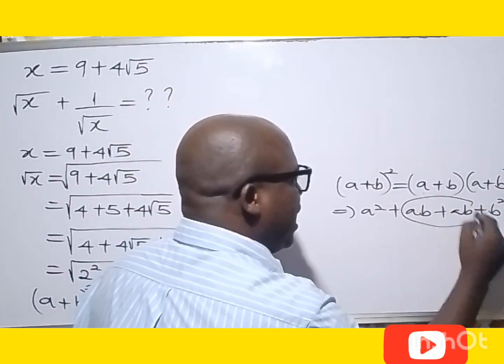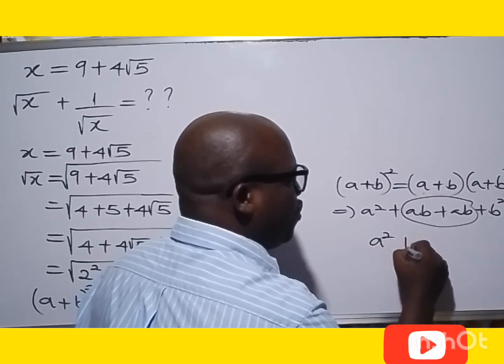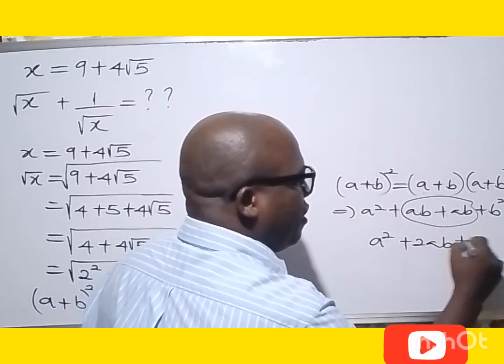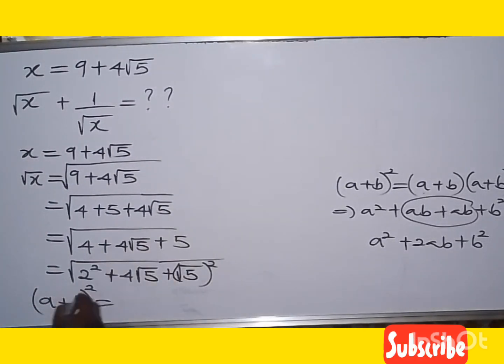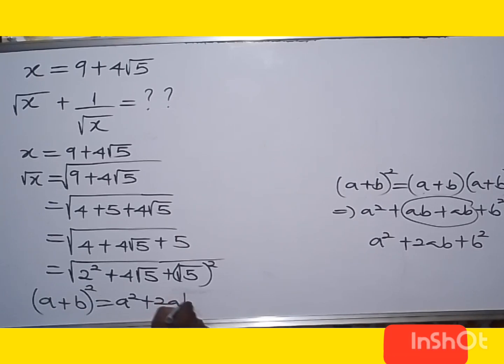Then these two can be added together. We are left with a squared plus 2ab plus b squared.